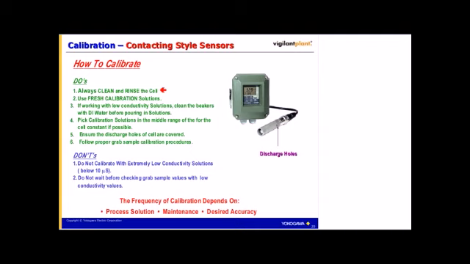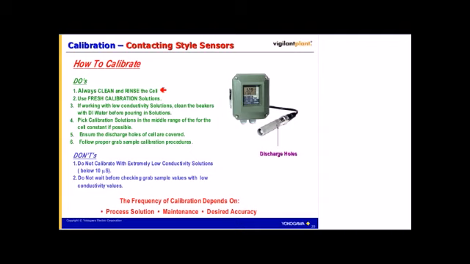If it's an application where cleaning is required because it's a higher conductivity solution, then we're using a contacting style sensor. Some industries require annual maintenance regardless of whether everything's functioning correctly or not, just that the proper documents can be given to Uncle Sam to make sure everything's being done right.